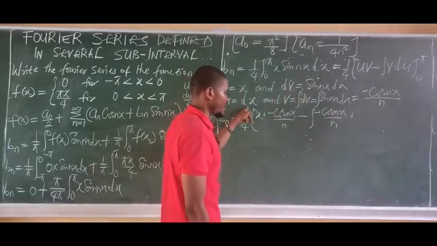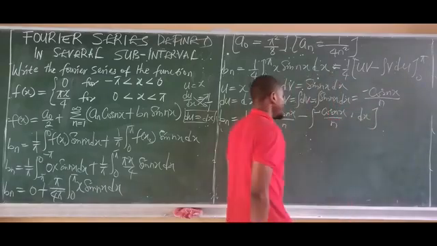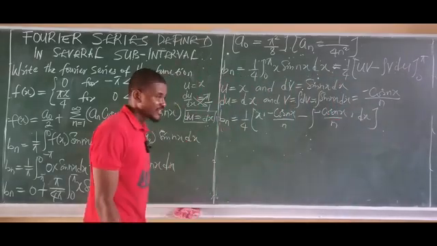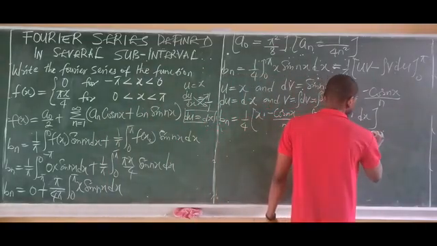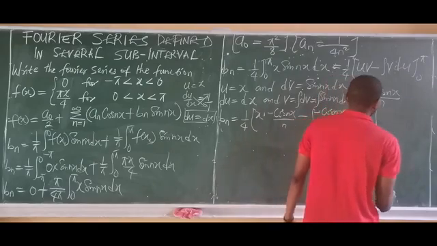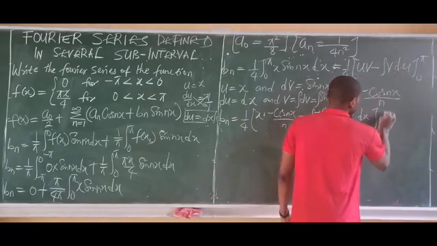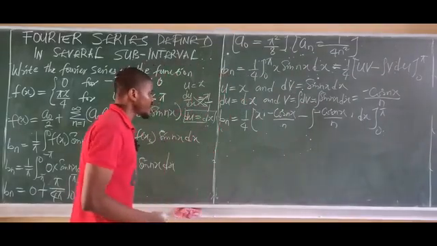Du simply gave us the x, so multiply by the x. Forgive me guys, I'm racing too much, the video is getting too long. The limit is from 0 to pi.